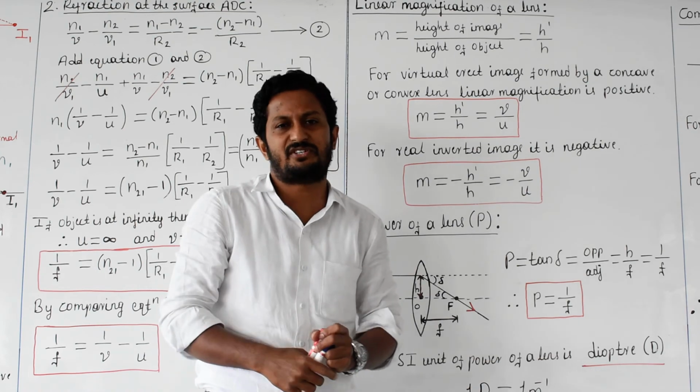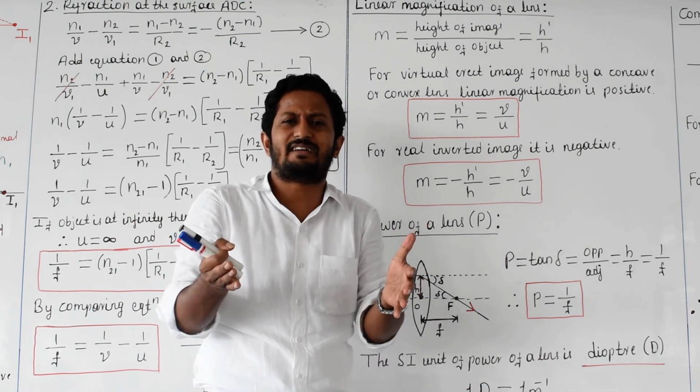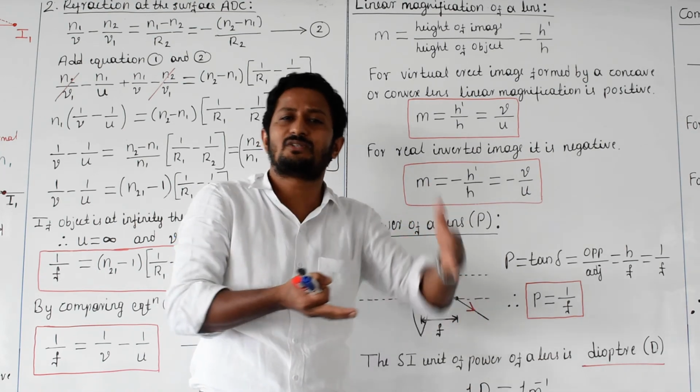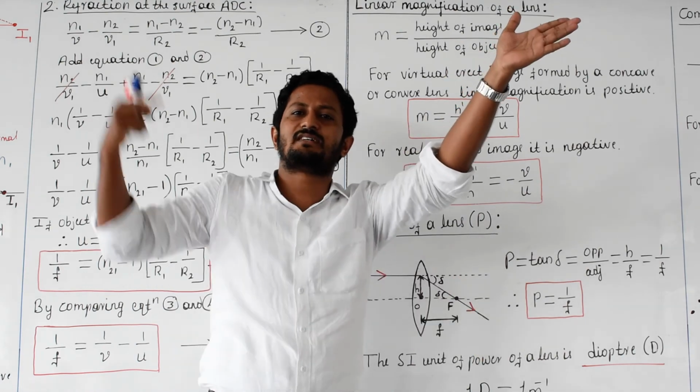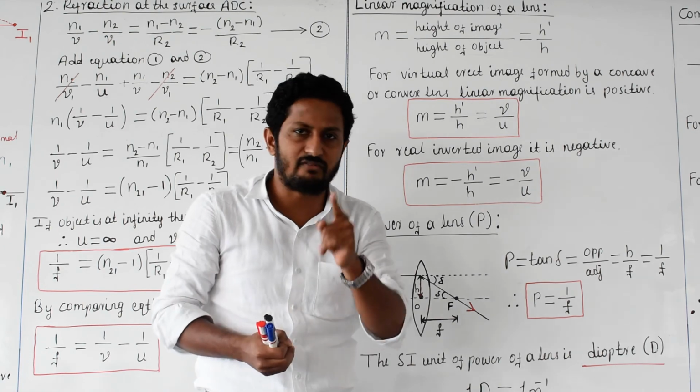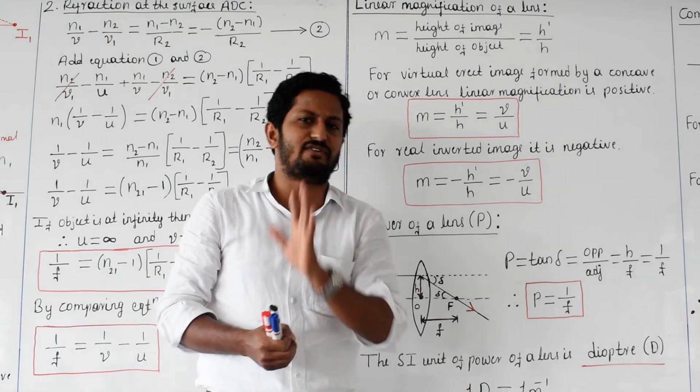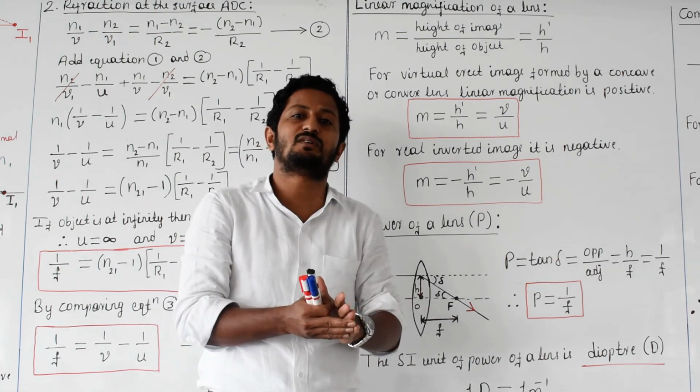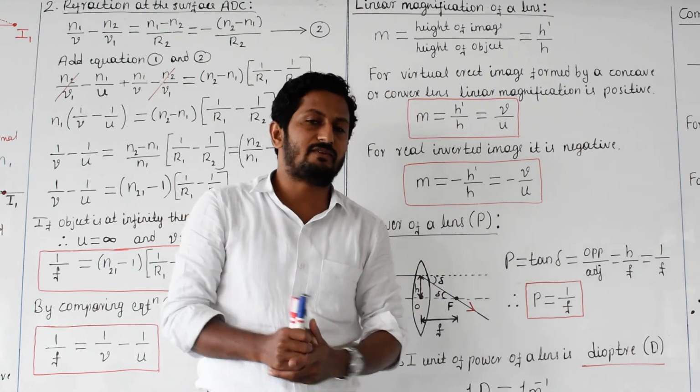This is one definition. In a simple way, it is the ability to converge or to diverge the incident ray or beam of light. Have you understood? This is one definition: how much it will converge or how much it will diverge.